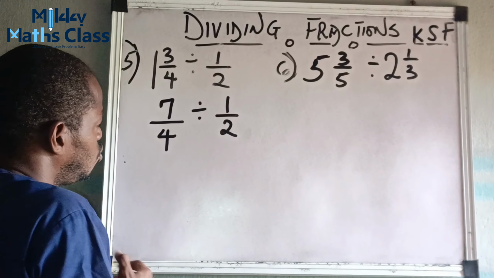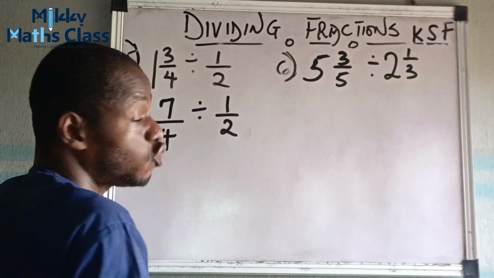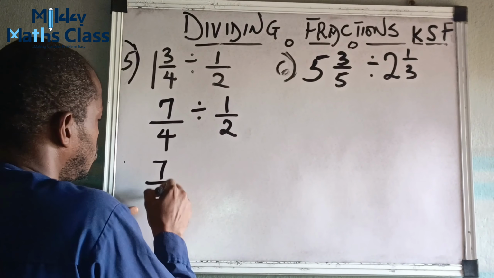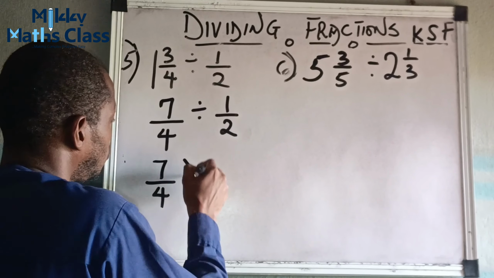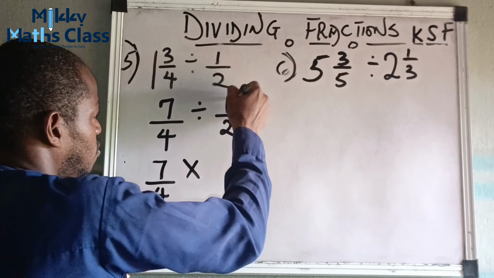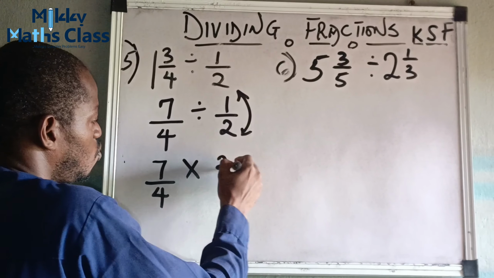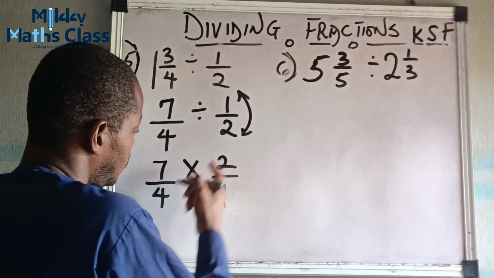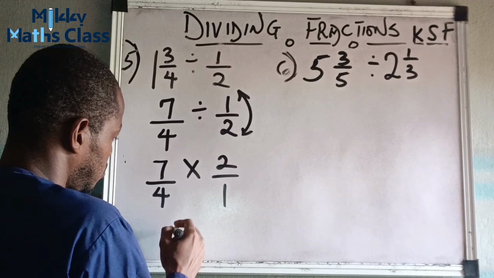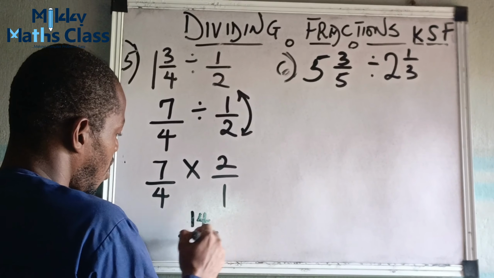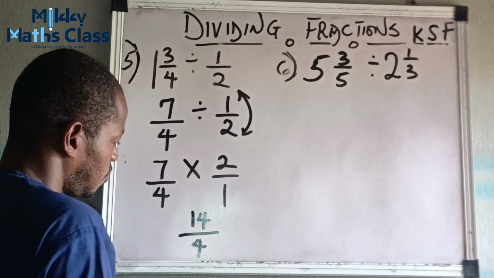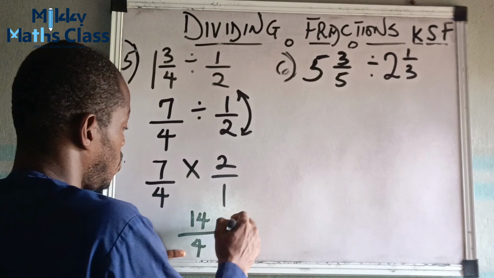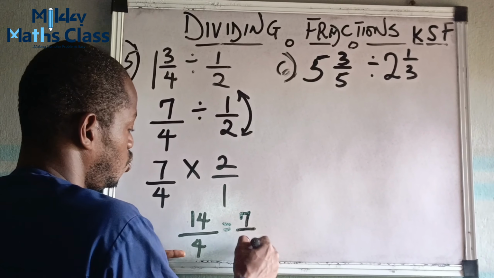Now we apply the keep, switch, and flip. We keep the 7/4, we switch the sign to multiplication, we flip this, so this becomes 2/1. We multiply 7 times 2, 14/4. Something can go here, that's 2. That will give us 7/2.